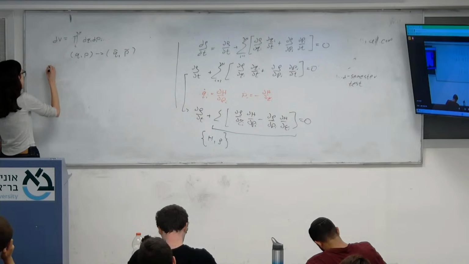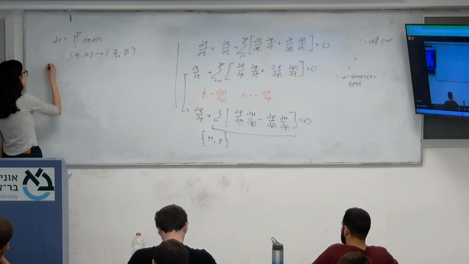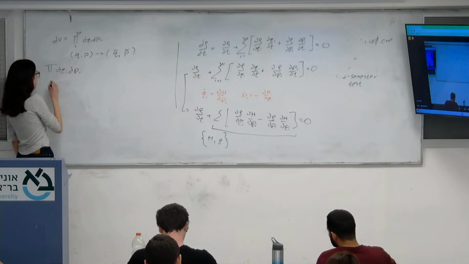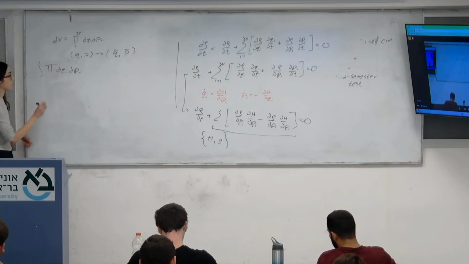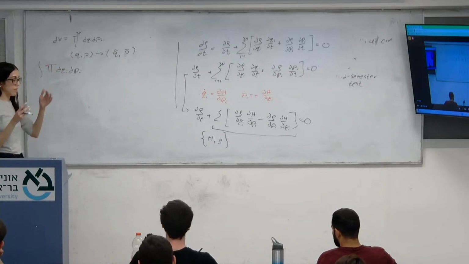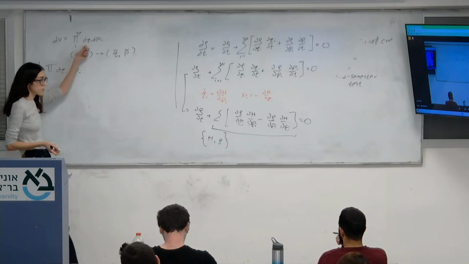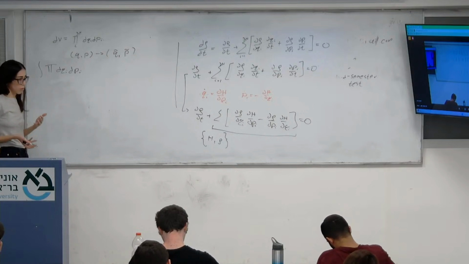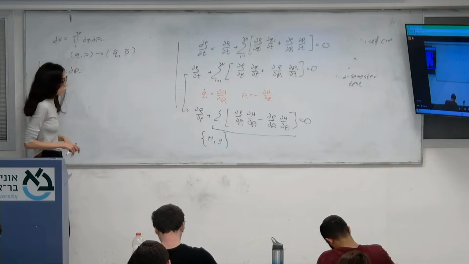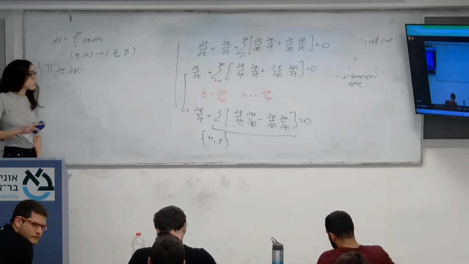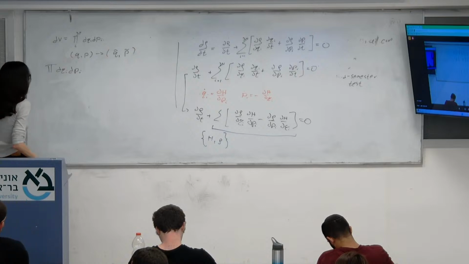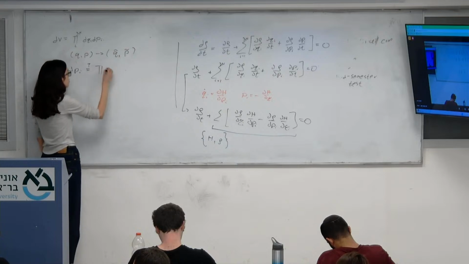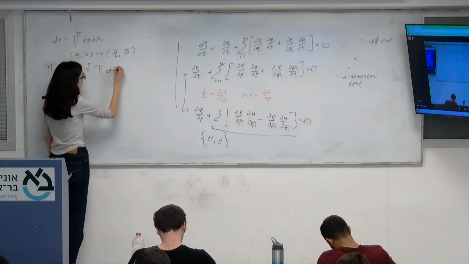So the claim is that this, you can define it with an integral if you want to look at infinitesimal parts of the volume, depending on how you want to define the volume, but it doesn't matter. So we want to prove that this is equal to this.